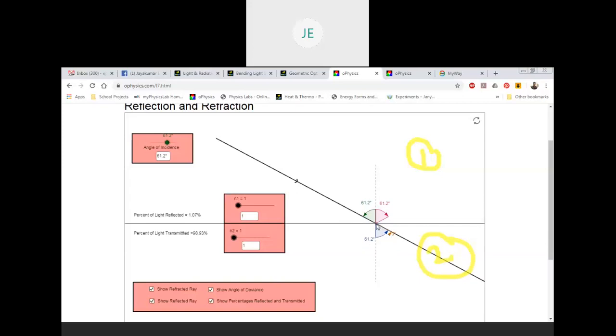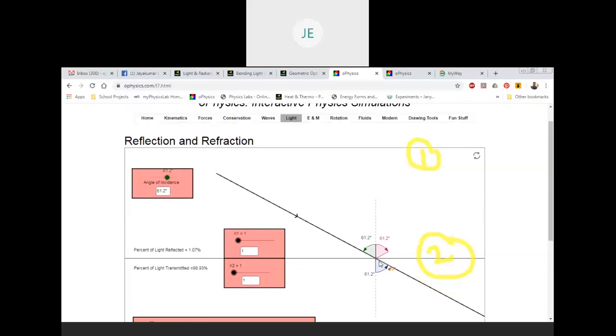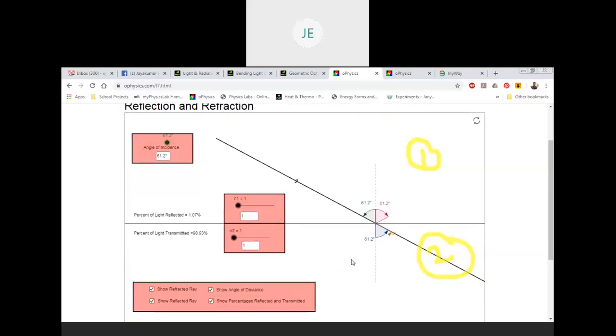Whenever light travels from one medium to another medium, the ray deviates. But whenever the light travels within the same medium, the ray will not deviate.